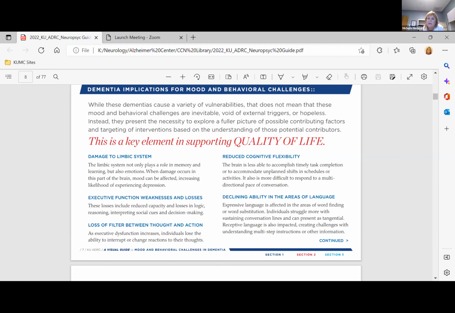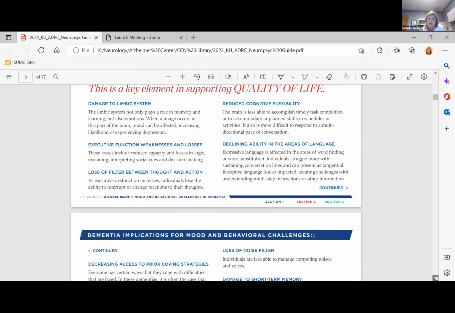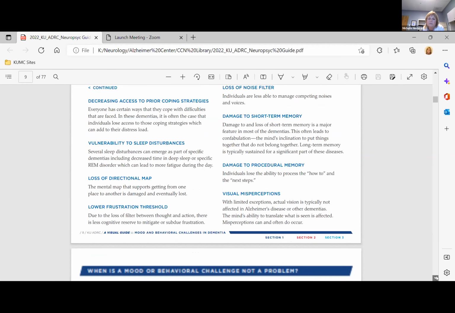Again, if we're trying to break down some of the flawed assumptions, part of that is, families will say, well, they were always stubborn, or they really are just trying to make me mad, or they're manipulative. Sometimes we'll hear things like that. So it does provide some general information, not just the click-through pages, but also about what's going on that leads to some of that. So there's a couple pages of that.